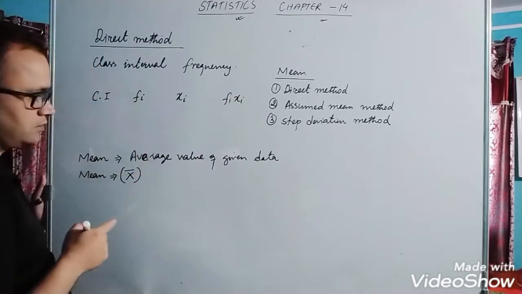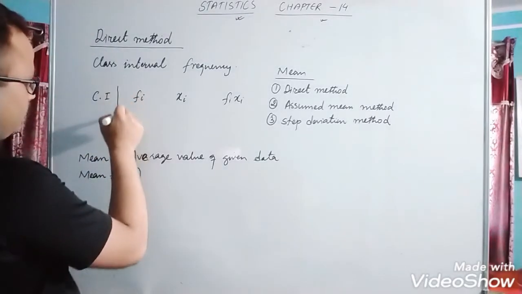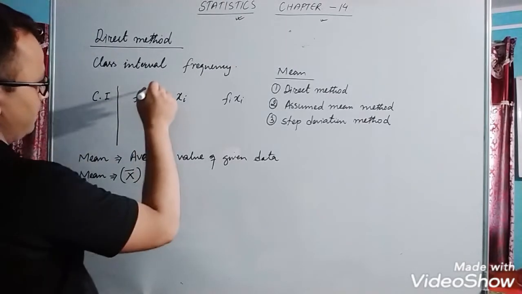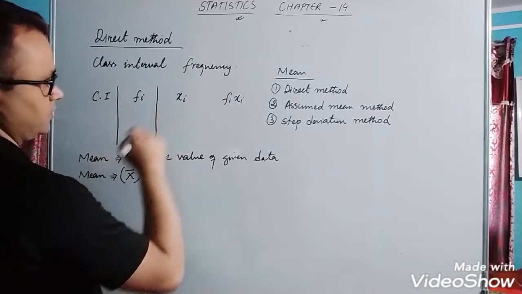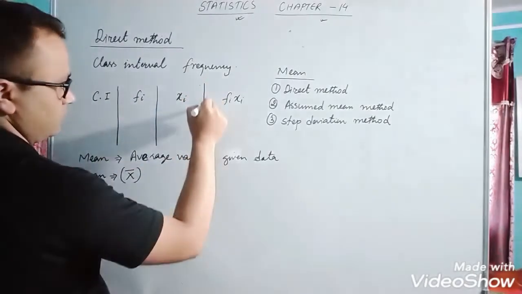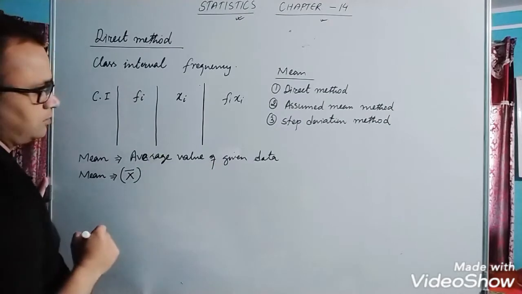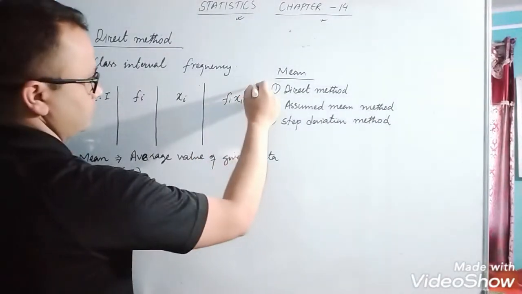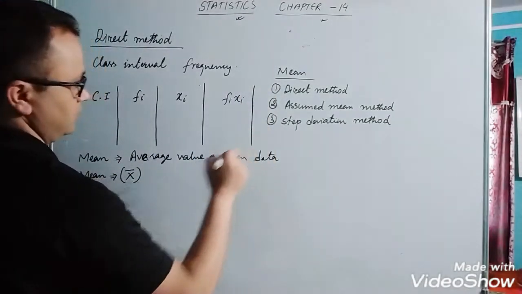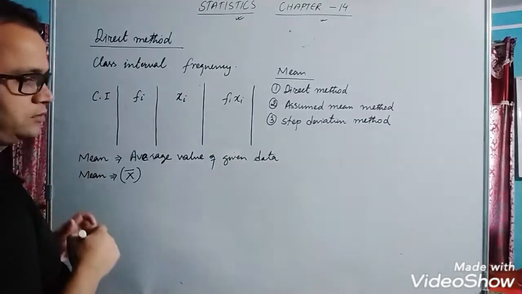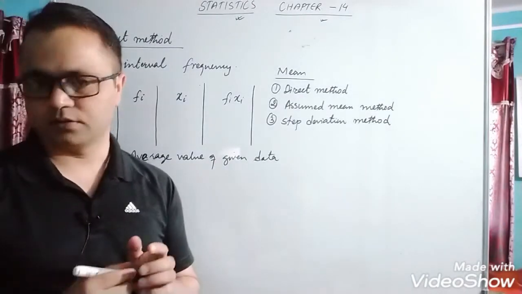In the direct method there are 4 columns: the first is class interval, the second is frequencies of interval, the third is mid value of the interval, and the last is the product of mid values and the frequencies.